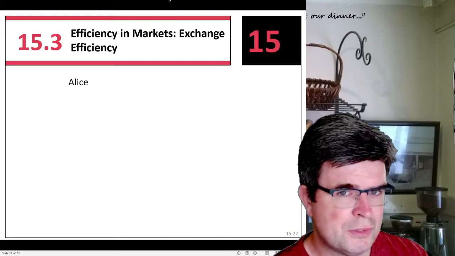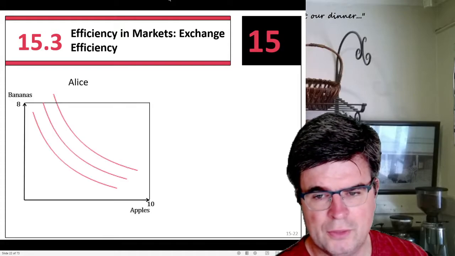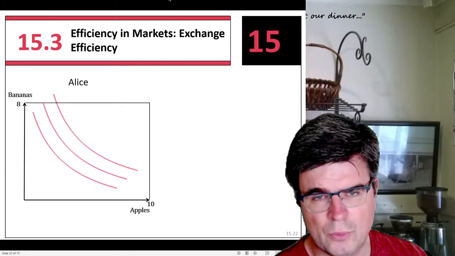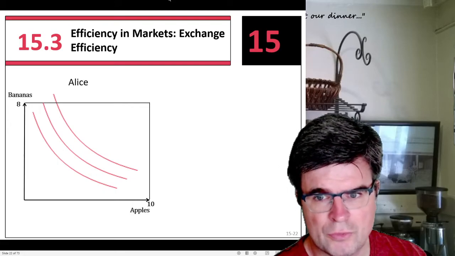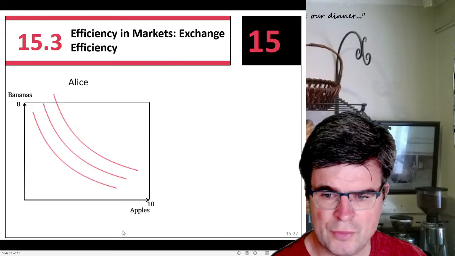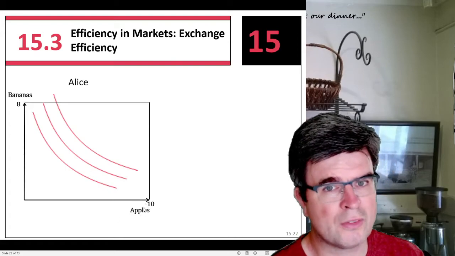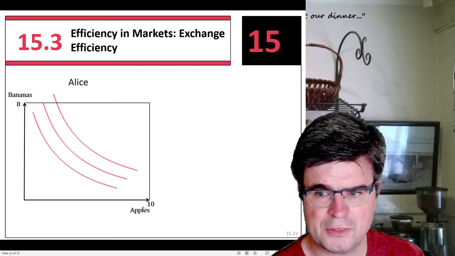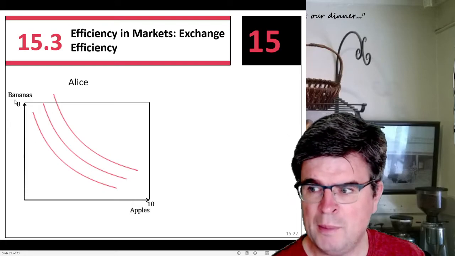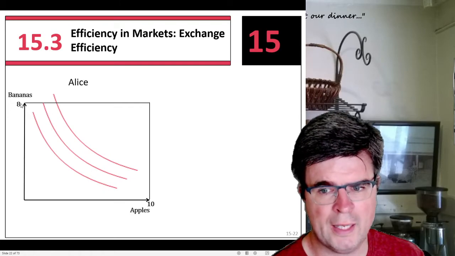So let's first consider the preferences of Alice by just graphing a couple of indifference curves. On the x-axis we have the apples, and we have the 10 here because in total there are 10 apples available in this society. In total there are 8 bananas available in the society, so we put that here on the y-axis.